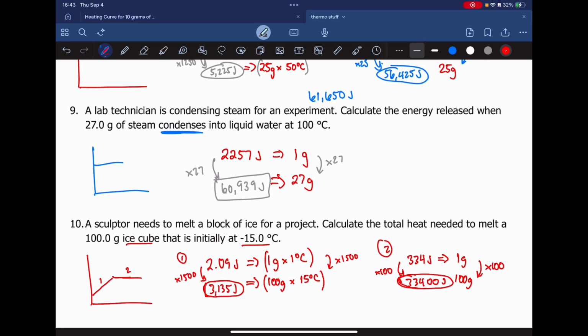All right, so I got 33,400 joules and 3,135 joules. Just got to add those numbers together. Here we go. I got 36,535 joules. Beautiful.